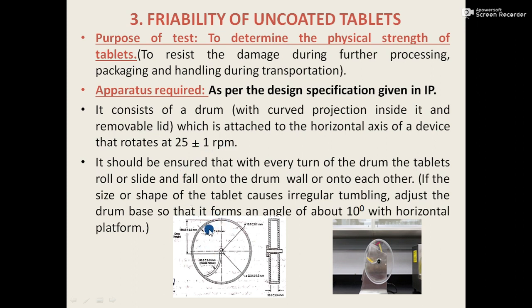Whenever we perform this test, it should be ensured that with every turn of the drum, the tablets roll or slide and fall onto the drum wall or onto each other. If the size or shape of the tablet causes irregular tumbling, adjust the drum base so that it forms an angle of 10 degrees with the horizontal platform, and that won't hinder the tumbling of the tablets.